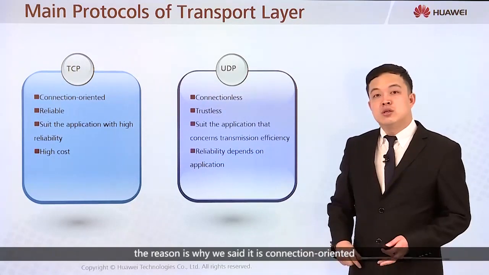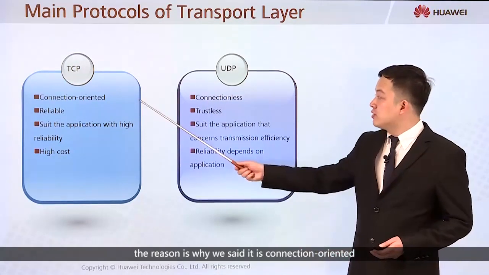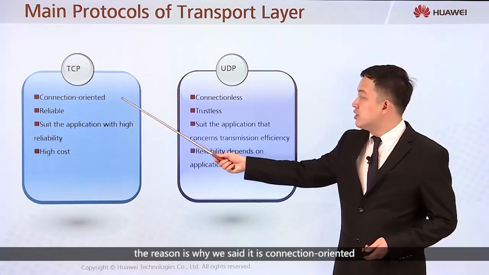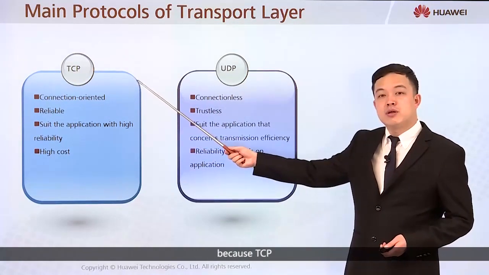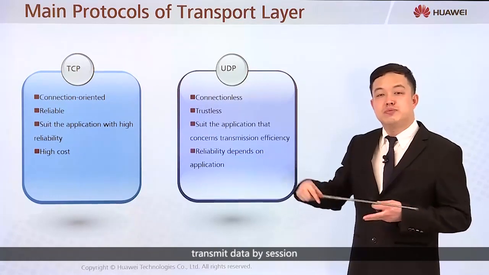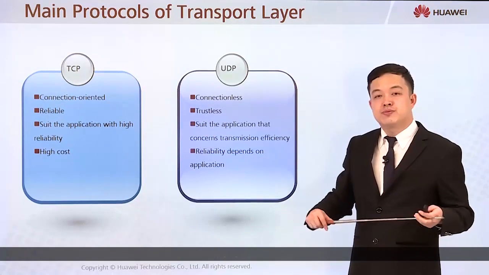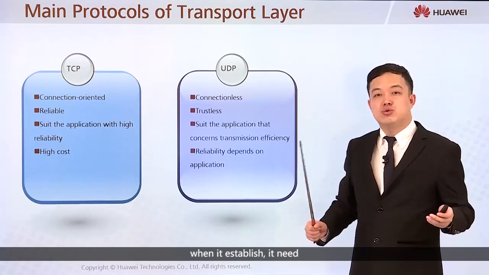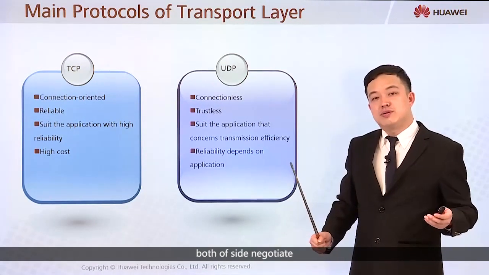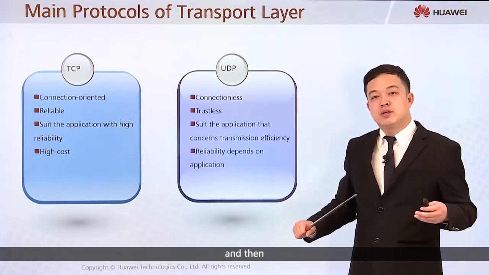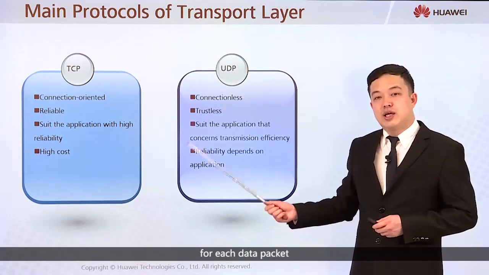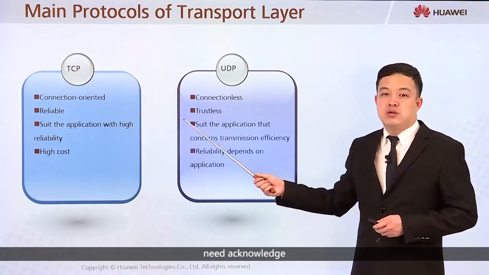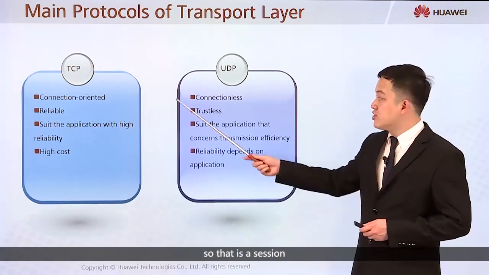The reason we say TCP is connection-oriented is that TCP transmits data by session. For example, when it is established, both sides need to negotiate, and then each data packet is acknowledged. That is a session.